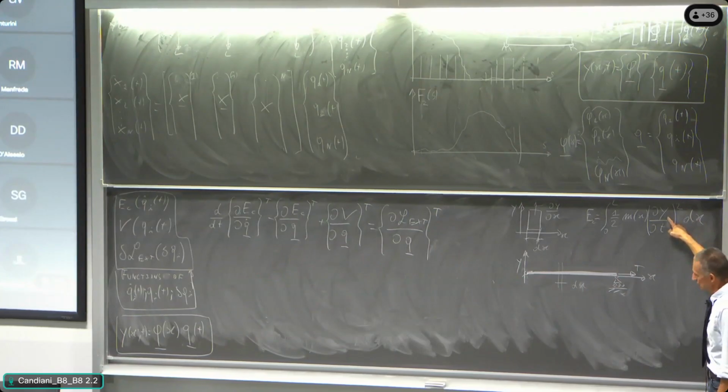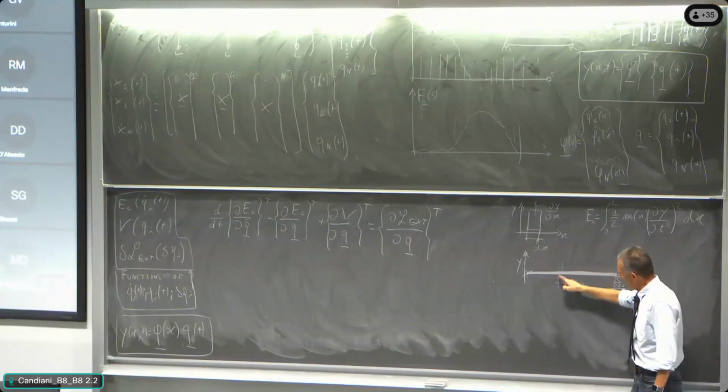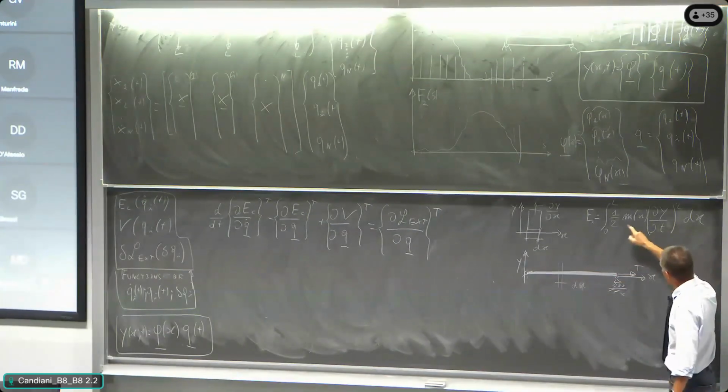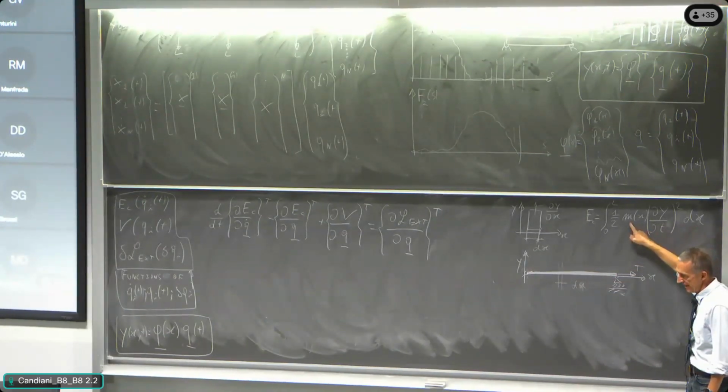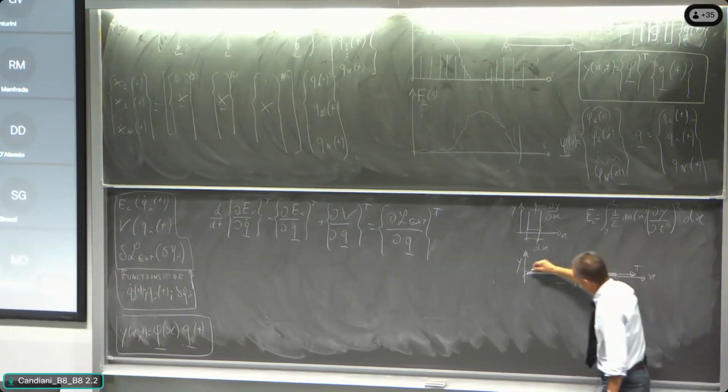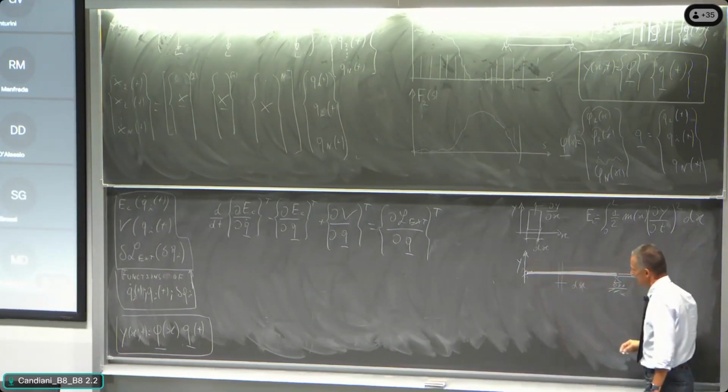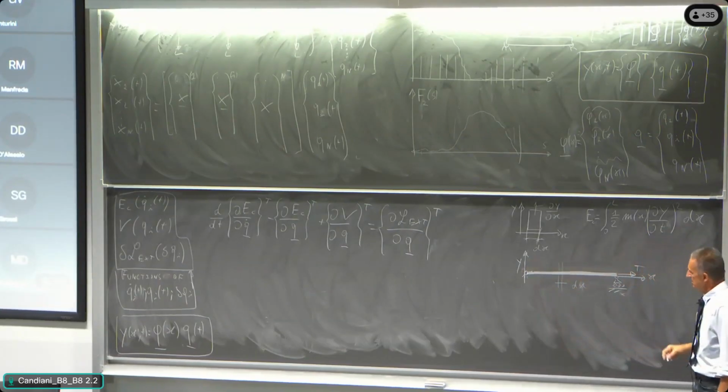of the distribution of kinetic energy, that is the distribution of the velocity of an element having length dx, mass m, function of x. So I have a cable having a mass that is dependent on the coordinate. It has a tension. At this point, the tension is not relevant for the kinetic energy.